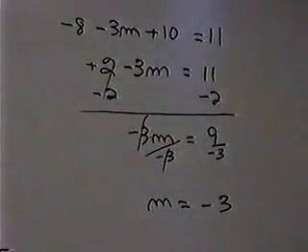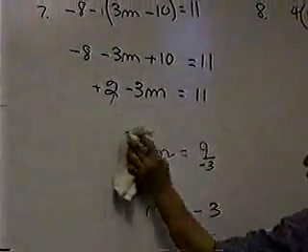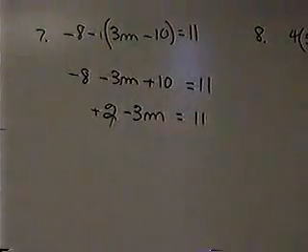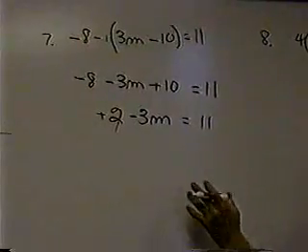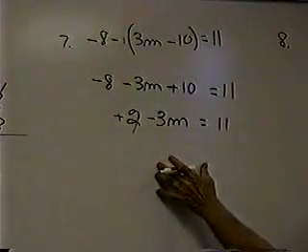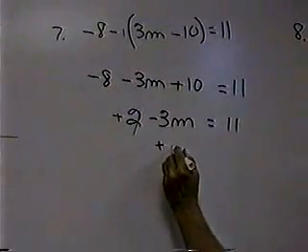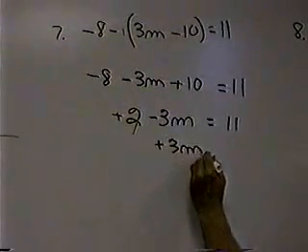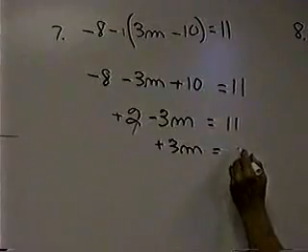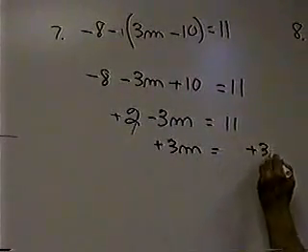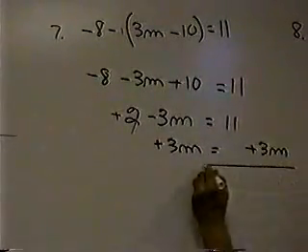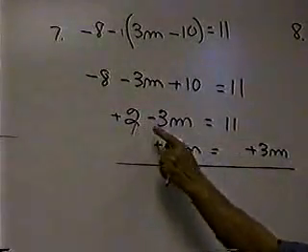Now, let's go back and look at this at this point a different way. A while ago I said that it's best to move the letters and make them positive. So I'm going to move this across to the other side. And I'm going to move this across to that side.